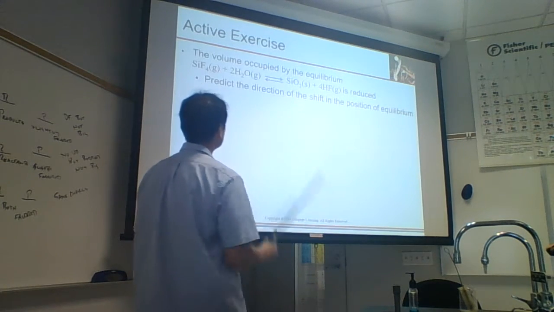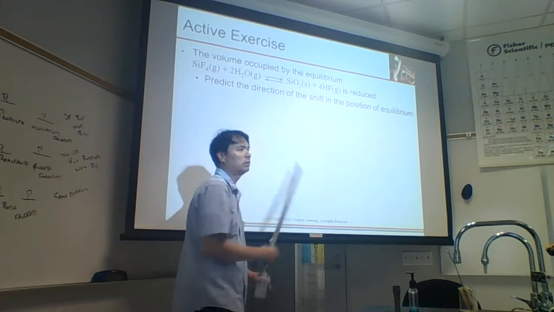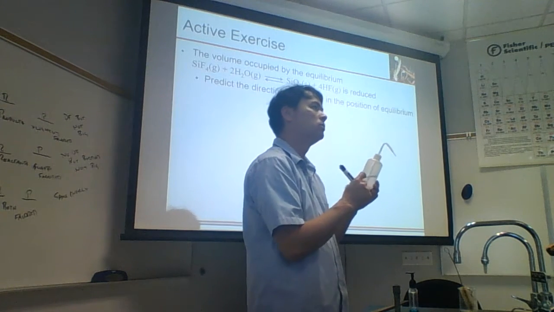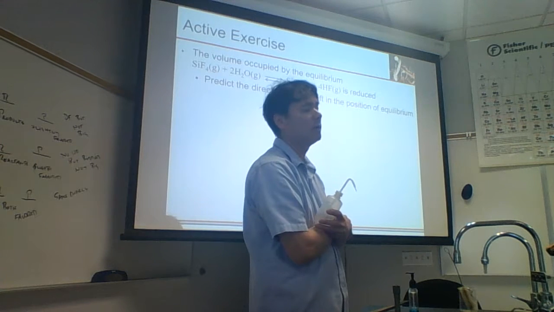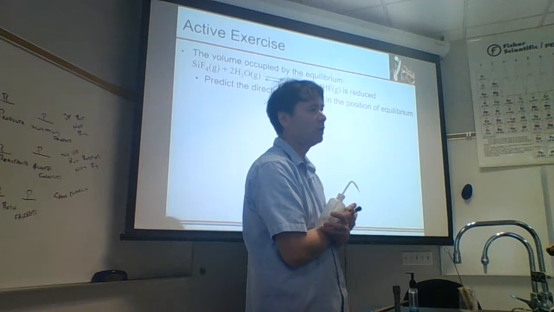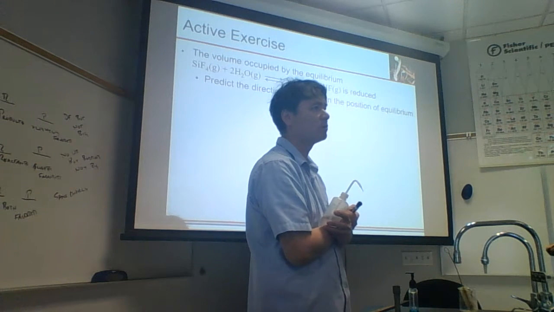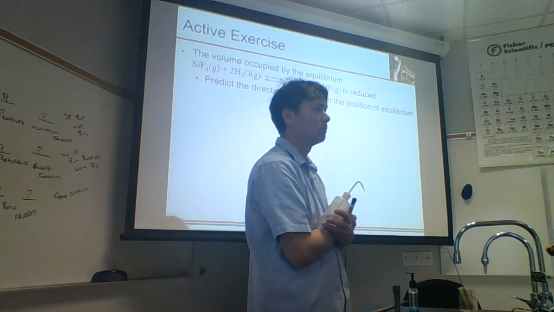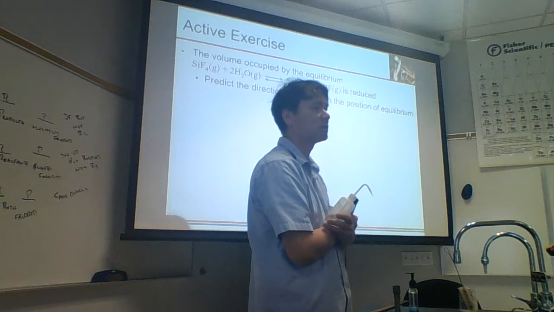So for example, 2 moles of liquid water takes up how much volume? A mole of liquid water weighs 18 grams. 2 moles of liquid water would weigh 36 grams. 36 grams is how many milliliters? For water, it's 36 milliliters.